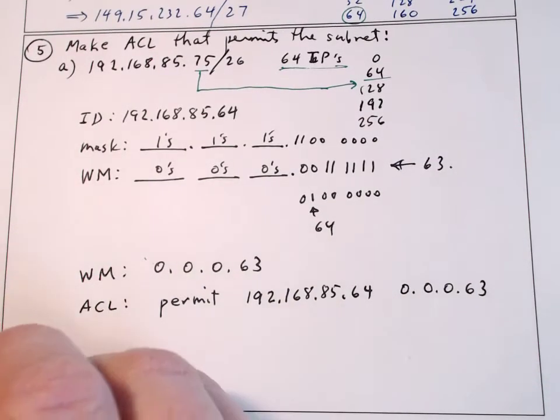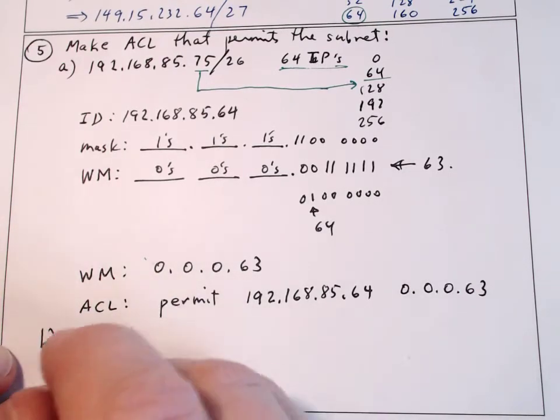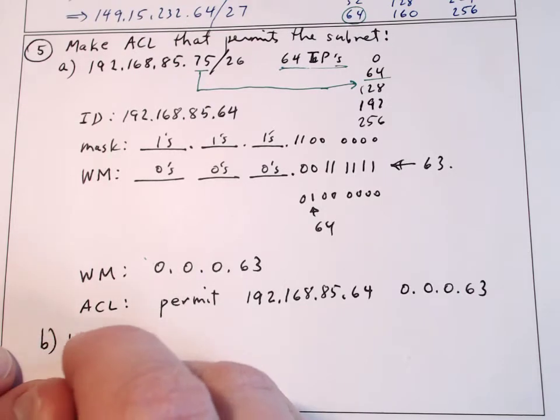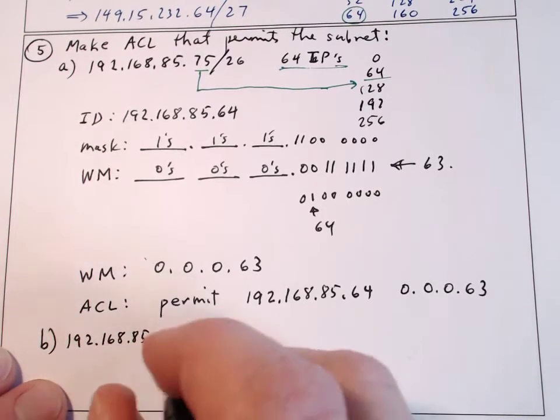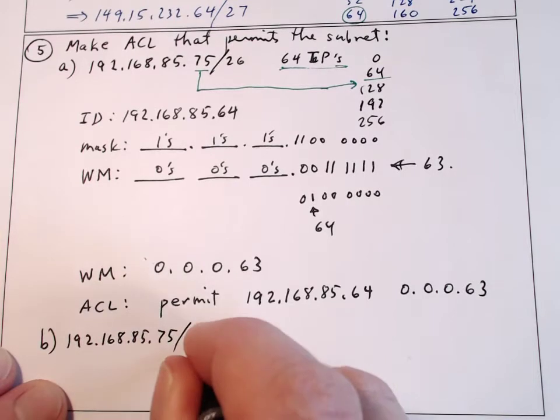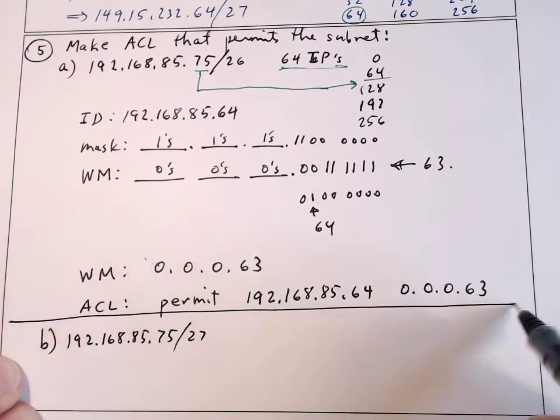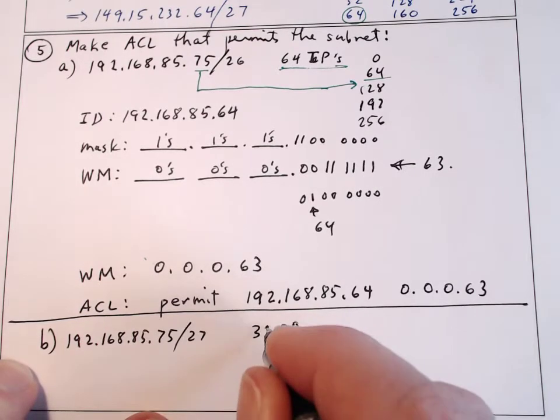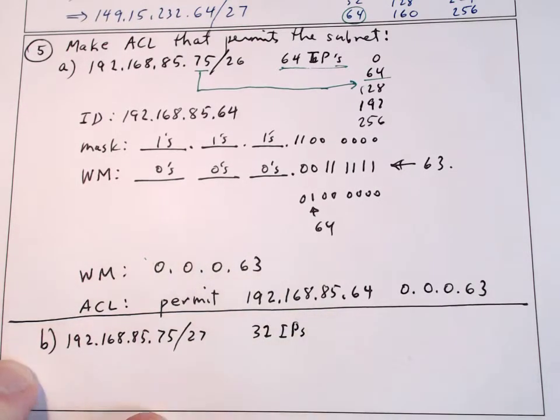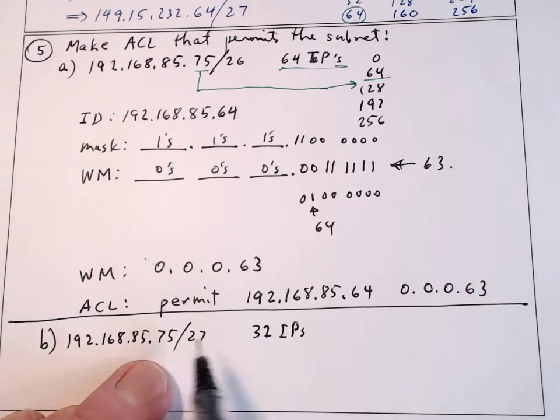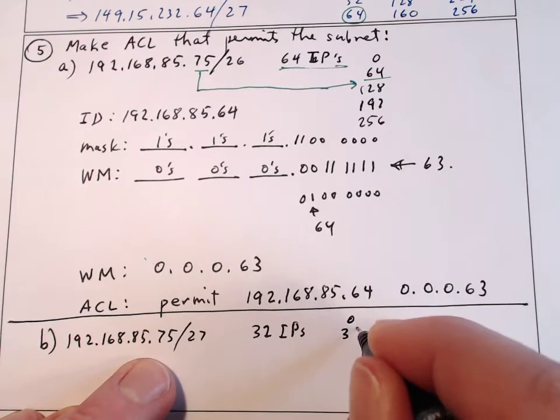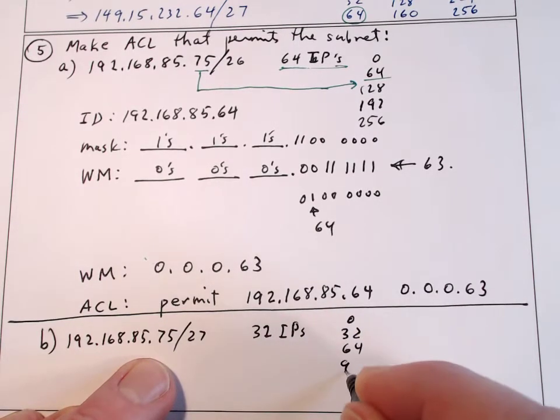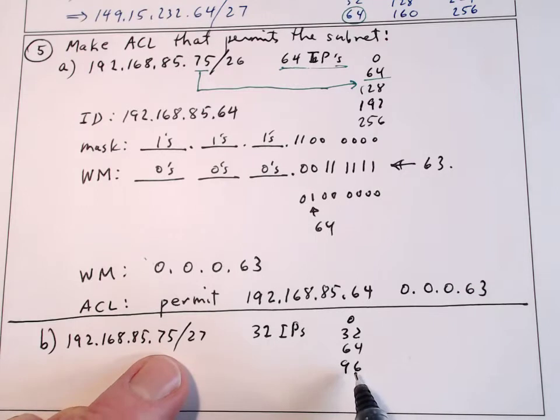So for part B here, I have the same IP address, .75/27, and in part B I'm going to have 32 IPs. I'm not showing all the work here, but I'd like to get through this video. With 32 IPs, the 75 lies between 64 and 96.